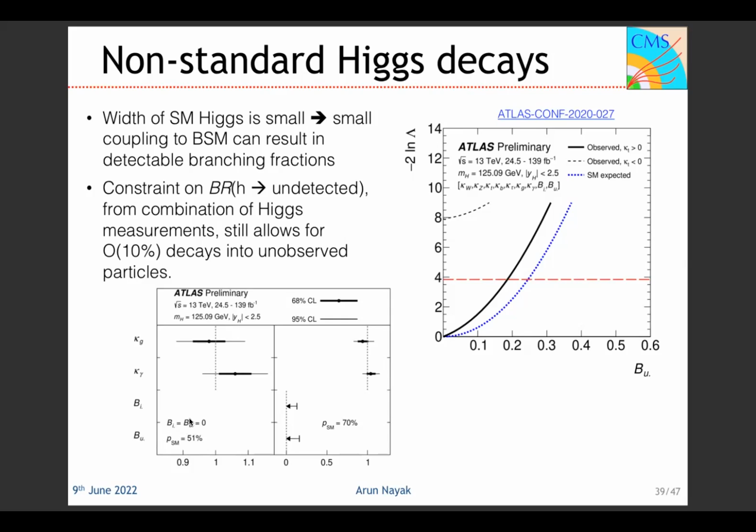But if you allow the invisible and undetected to float, then you get a better p value for this compatibility. In the right case, I think they also include the invisible analysis results in this fit. So that basically says that you still have an order of 10% possibility that the observed Higgs boson can decay to unobserved particles, which you still don't know.